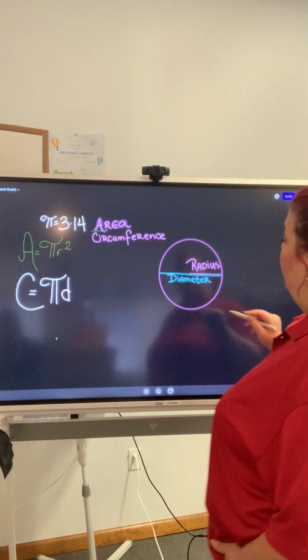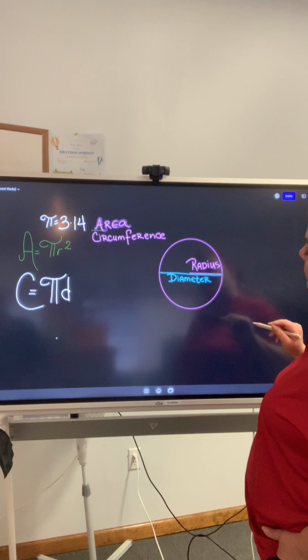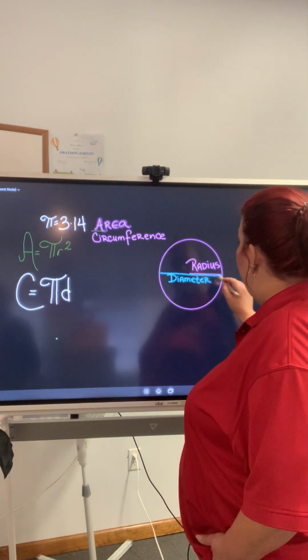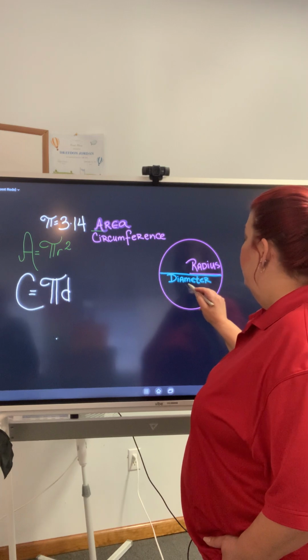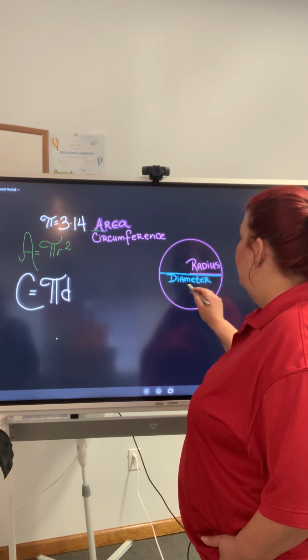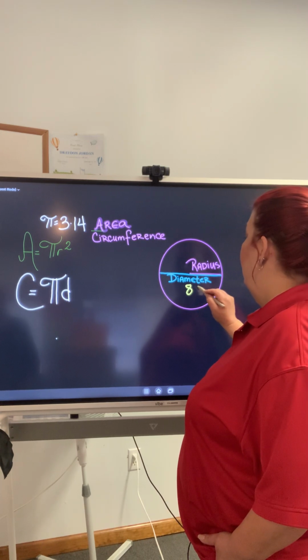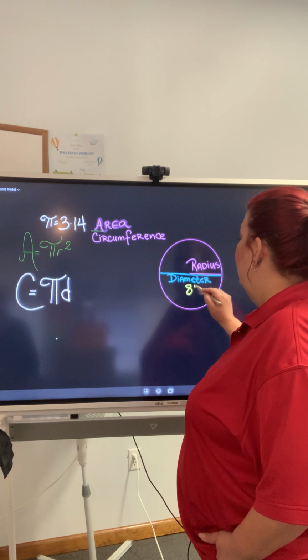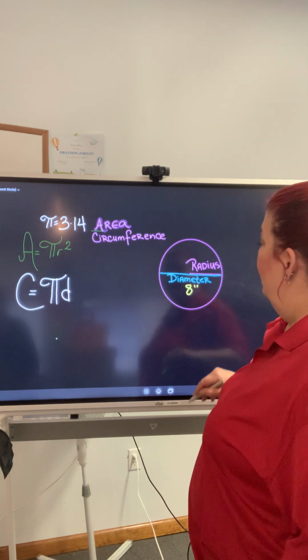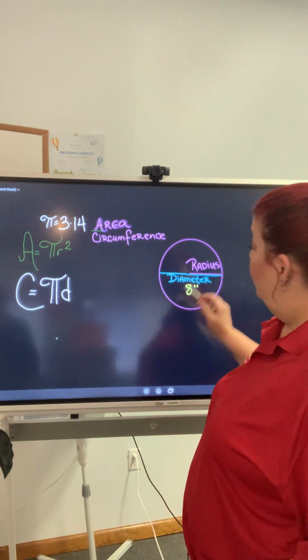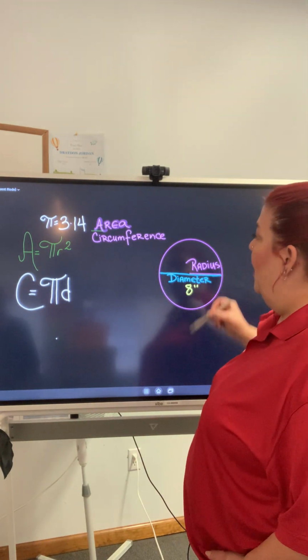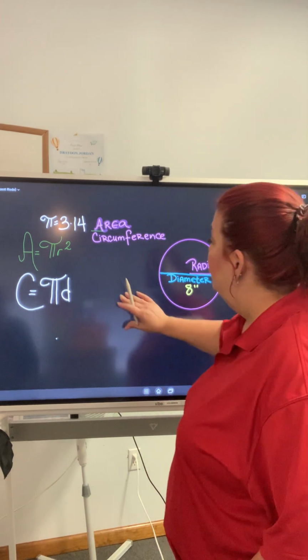So let's pretend we're going to do an example. Let's say the diameter of the circle is 8. And let's say it's 8 inches. And now I want to find out the circumference, which is the outline. Well, let me fill in my blanks.